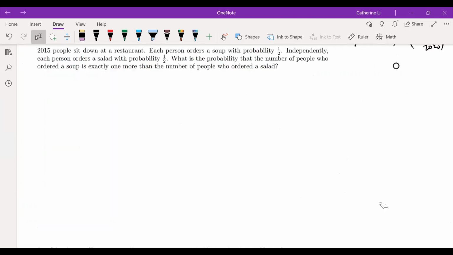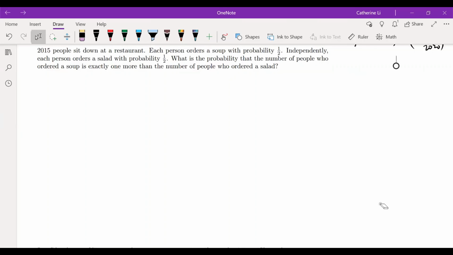Okay, so for this problem, we have 15 people, and then each person orders soup or salad with equal probability. And they're asking for the probability that the number of people who ordered soup is one more than the number of people who ordered salad. Yeah.